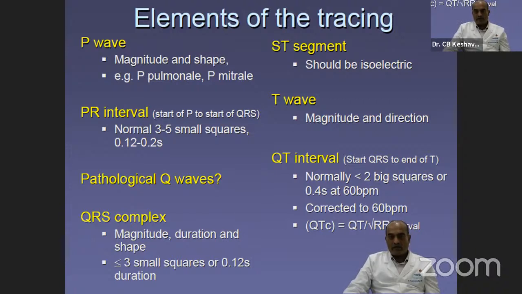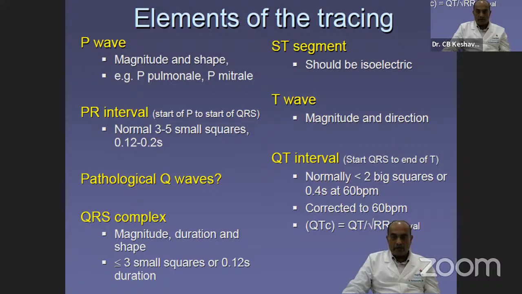ST segment should always be isoelectric. That means it should be in line with the TP segment. And whenever it is upsloping, the point from where it takes off from the QRS complex, which is called the J point, if it is elevated, that can be pathological. You have to distinguish it from isolated J point elevation, which can occur in early repolarization, from ischemia and myocardial infarction.